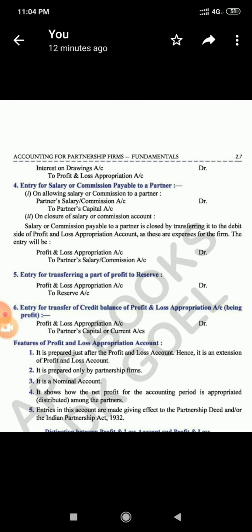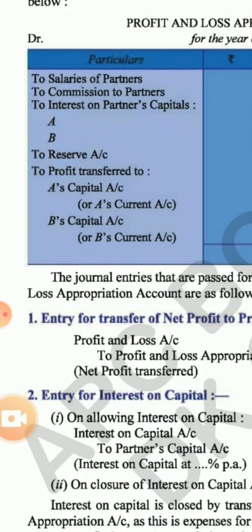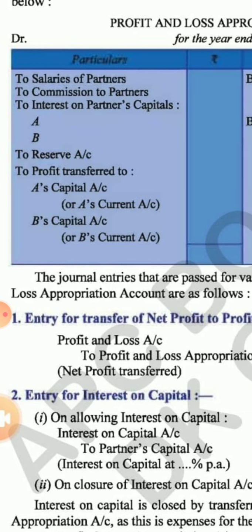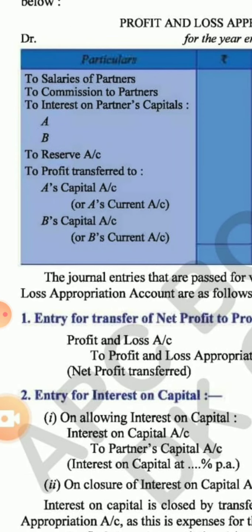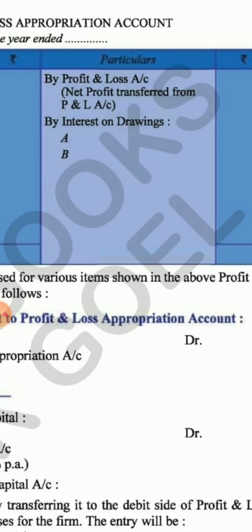Again I would like to repeat this PL appropriation account because it is very important. It has two sides. The debit side shows all the expenses related to the partners, such as salary of partner, commission of partner, interest on capital, reserve, and interest on drawing. On the credit side we show by profit, which comes from the PL account.